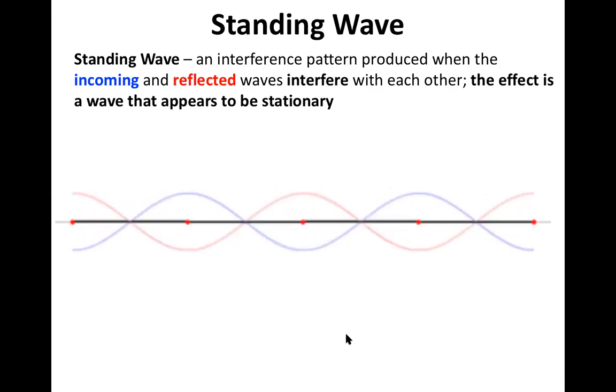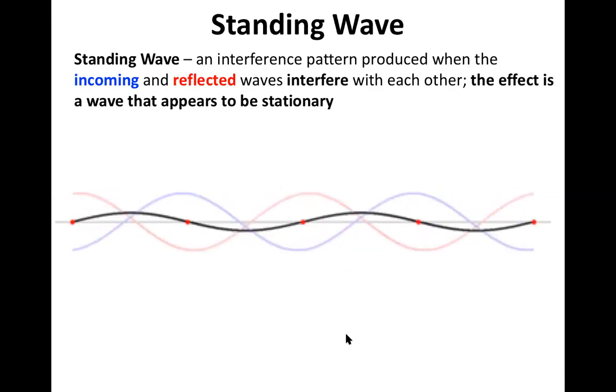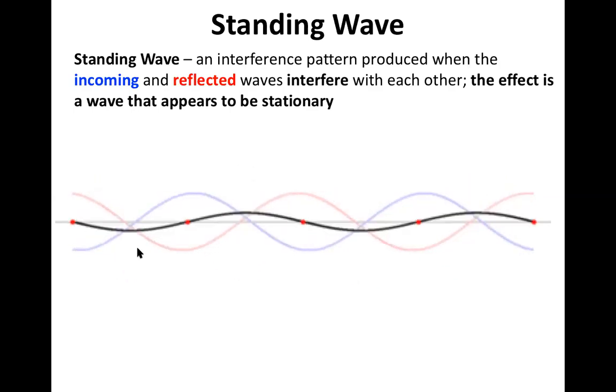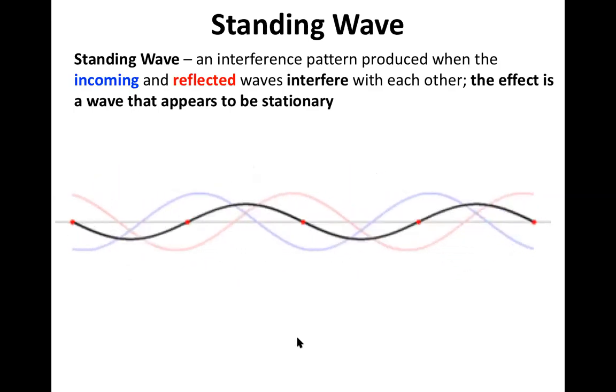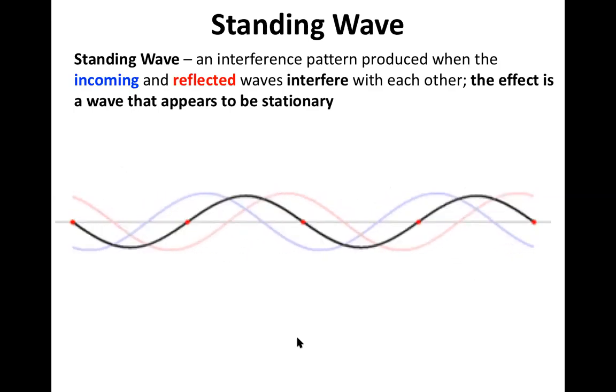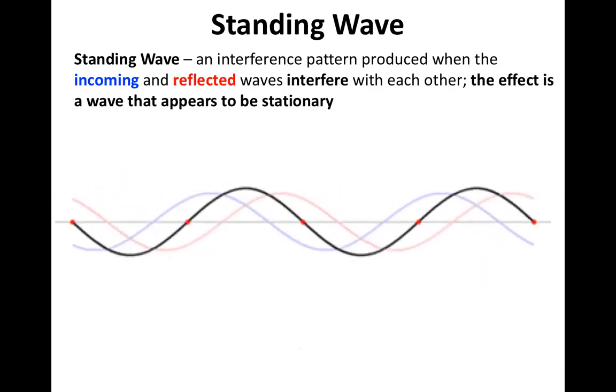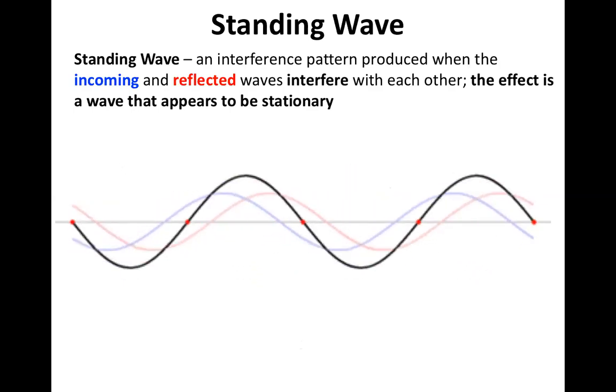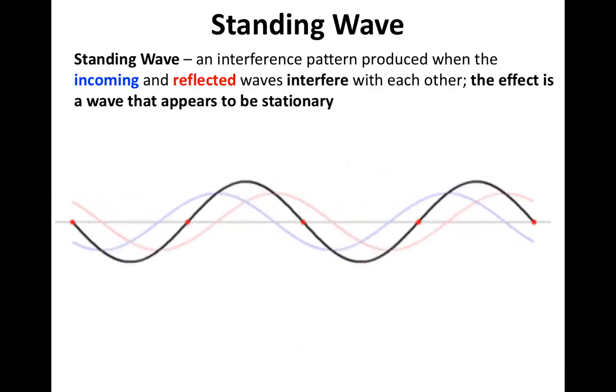Now, just overall, let your eyes relax and look at that. The black wave has these red nodes. These are spots on the wave that look like they are not moving at all, and they aren't moving at all. So the blue wave is moving to the right, the red wave is moving to the left. What direction is the black wave moving in?